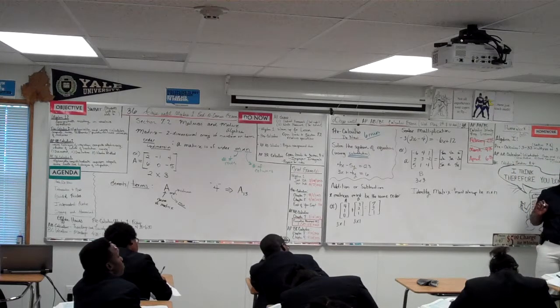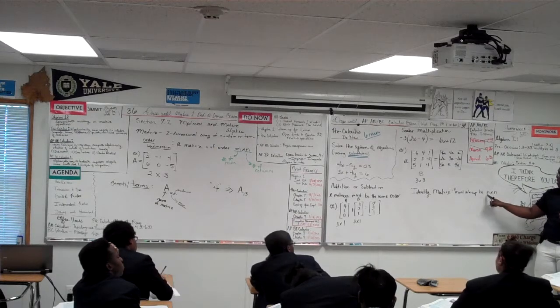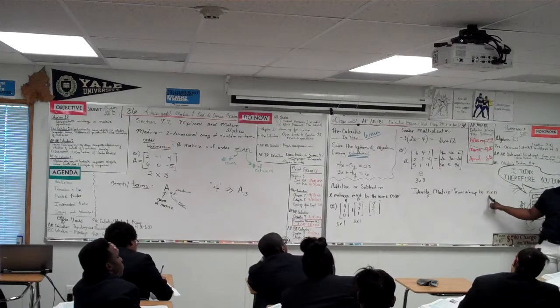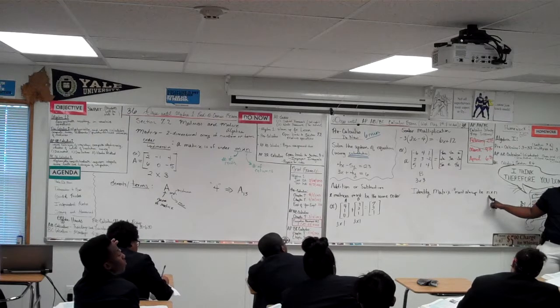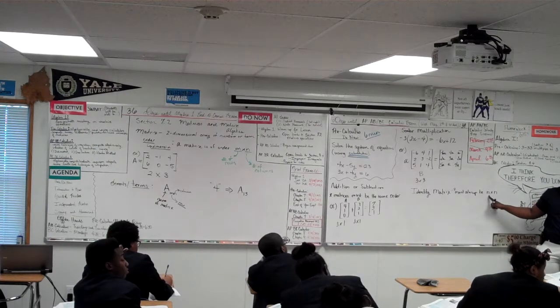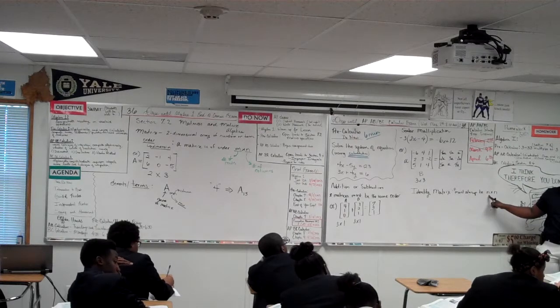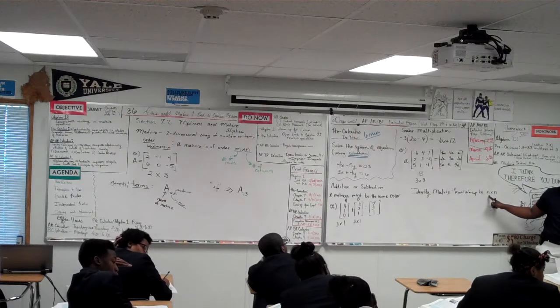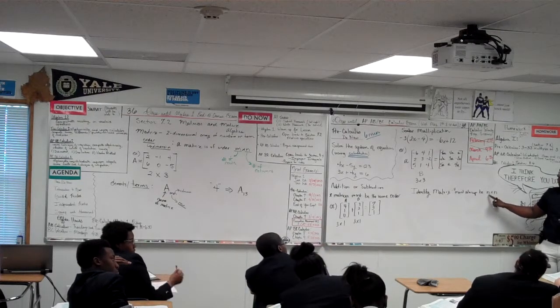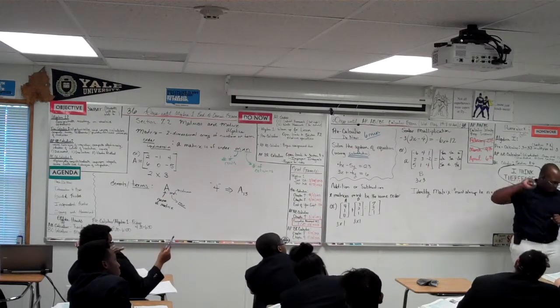I just put n by n. What does that tell you? If someone said an identity matrix has to be n by n, what does this look like to you that we've already talked about?